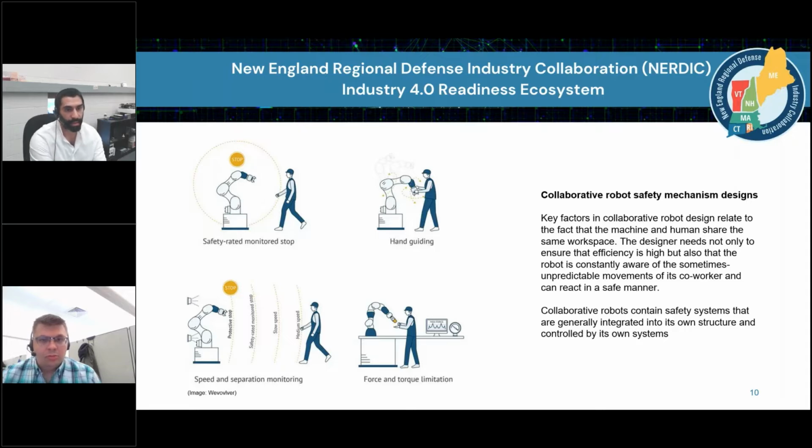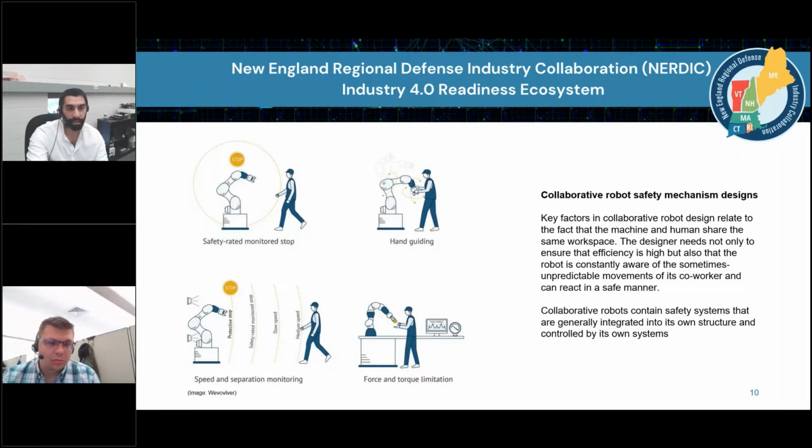A safety rated monitored stop is basically an assured robot stop without removing power. It occurs when a human worker enters the collaborative workspace. The system ensures that the robot and the human don't move at the same time, and is primarily employed when the robot is rapidly moving heavy parts through the workspace.